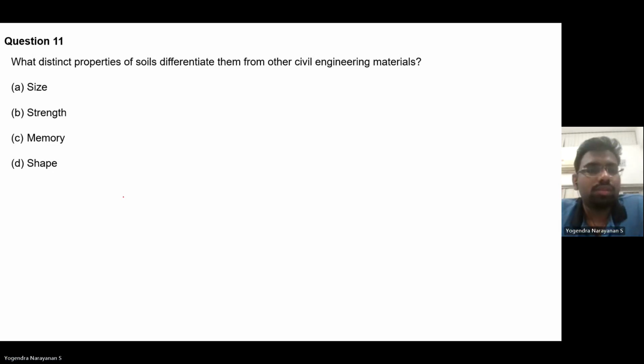This question mostly answers why soil mechanics is different and why studying it is more challenging than other branches of civil engineering. Most of the civil engineering materials which we use for construction purposes are artificially made.